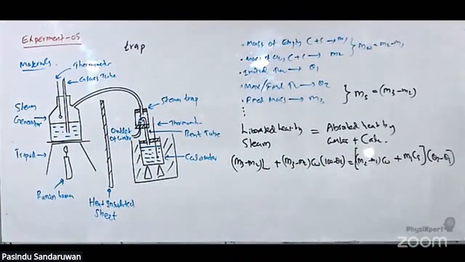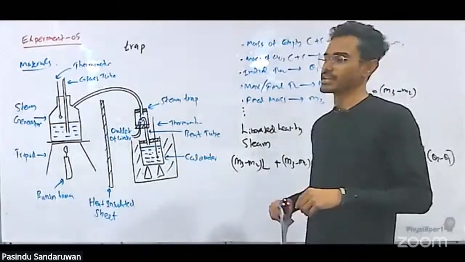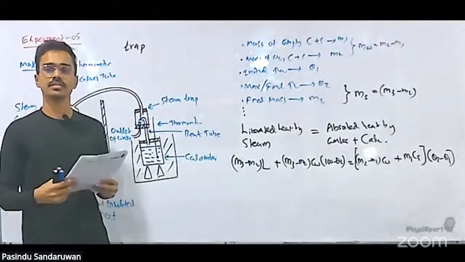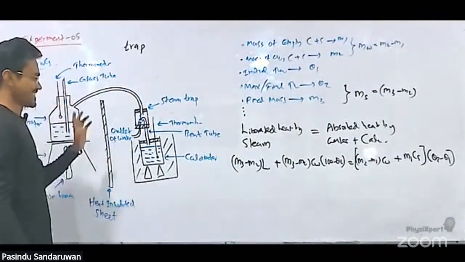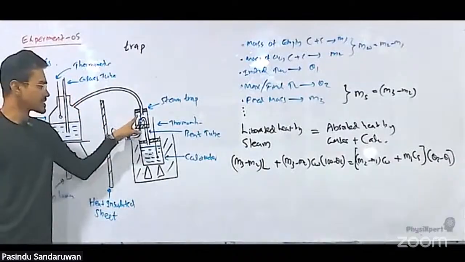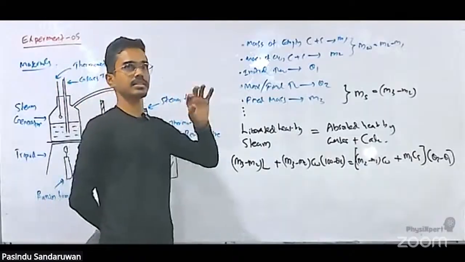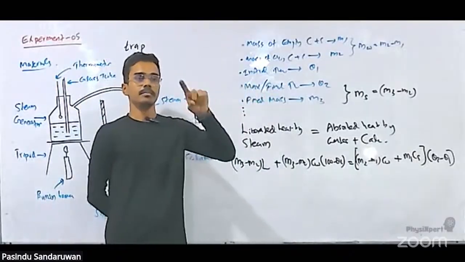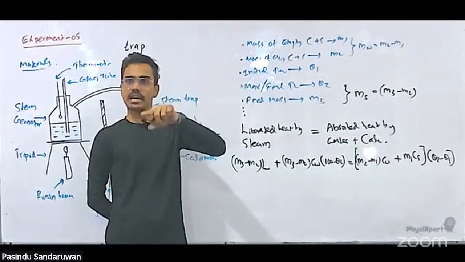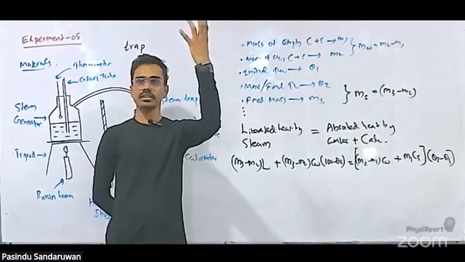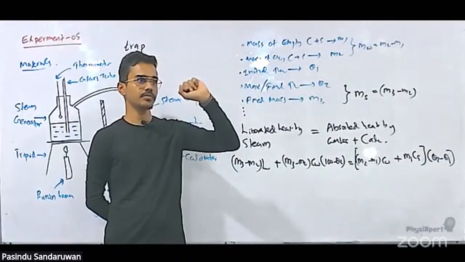Now, that's a good question, listen. If steam goes out from this, that is very rare. The reason it is rare is that the density of steam is less than the density of air, right?